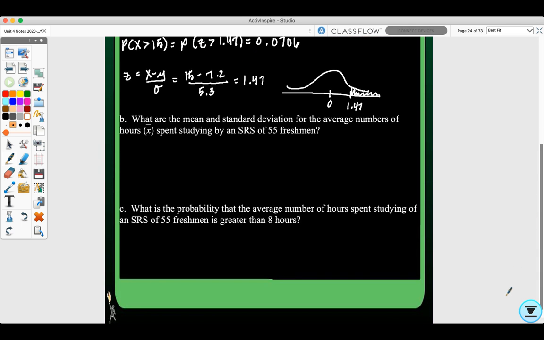What are the mean and standard deviation for the average numbers of hours, X bar, spent studying by a simple random sample of 55 freshmen? So first we need to check the conditions. We're told that it's a simple random sample of 55 freshmen. 55 freshmen is less than 10% of all freshmen. So that's our 10% condition.